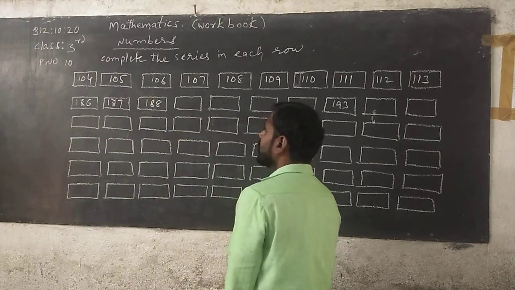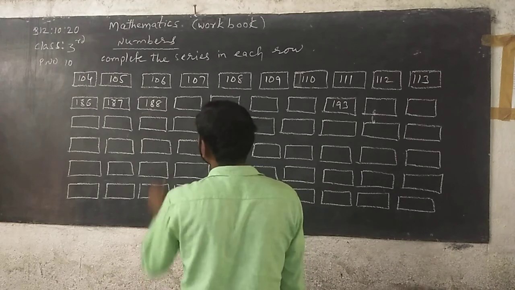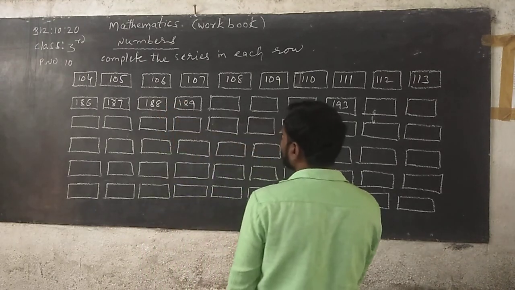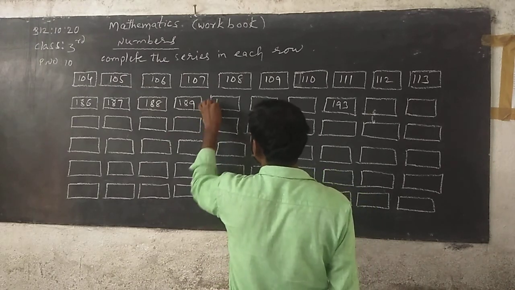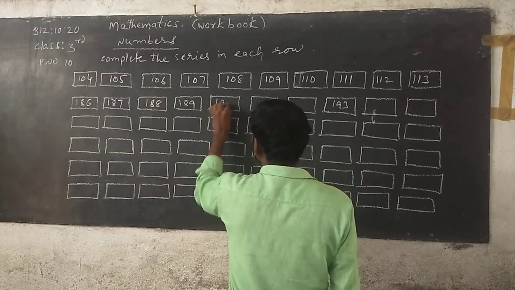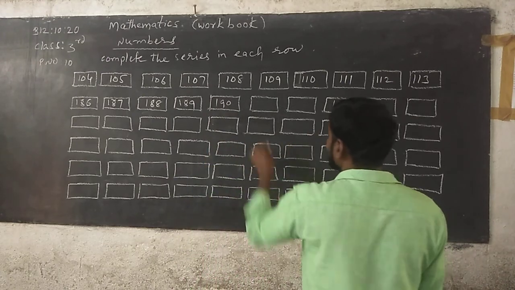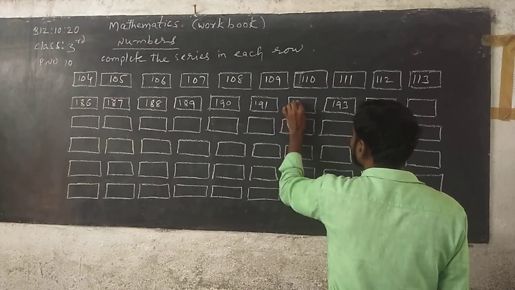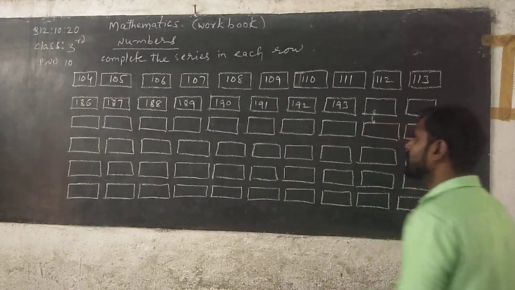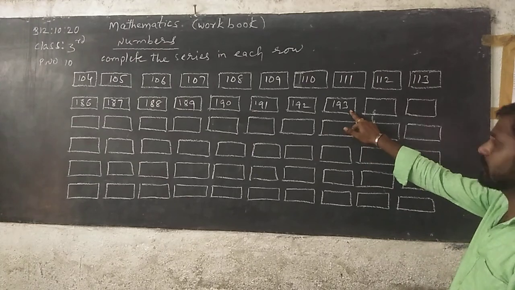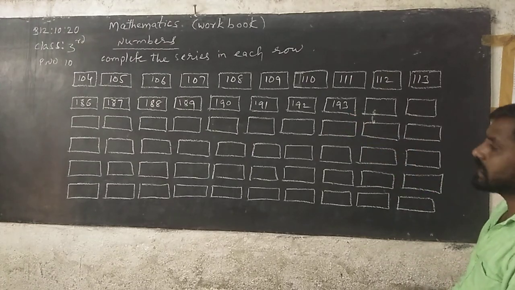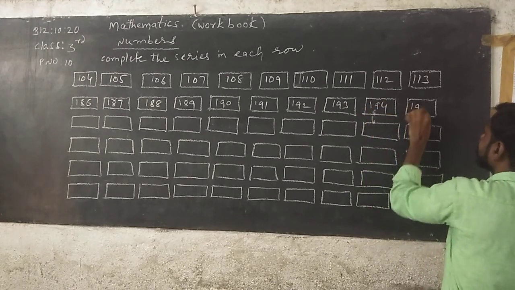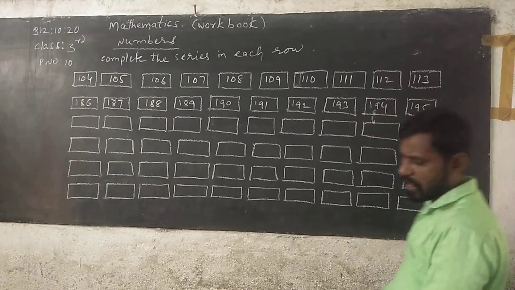Next, 188 after 189. 189 after 190. 190 after 191. 191 after 192. 192 after 193, already given. Next, 193 after 194. 194 after 195.